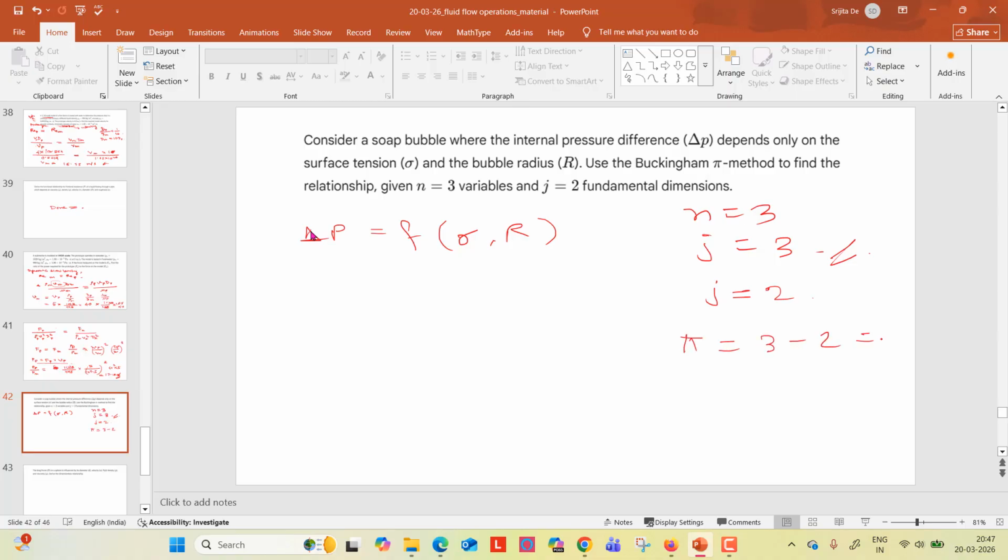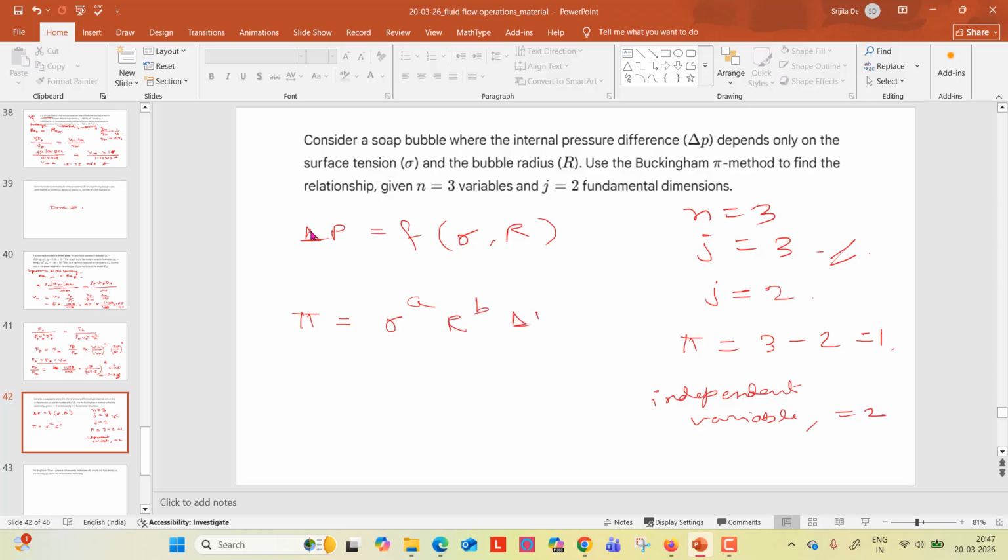And it has independent variables, which will be 2. Okay, so pi will be the fluid property, surface tension sigma to the power a, and fluid characteristics is not there, so the geometric characteristic is just r to the power b, into delta p.